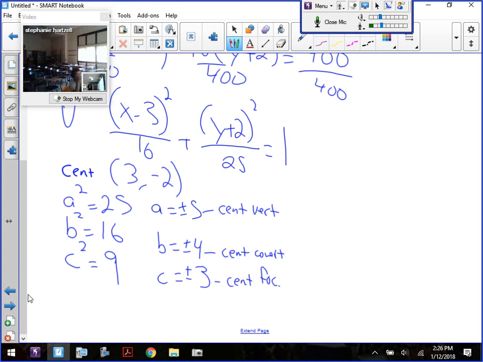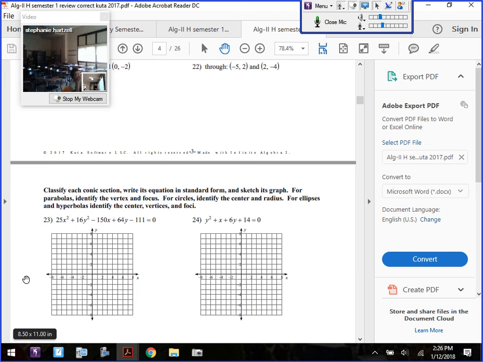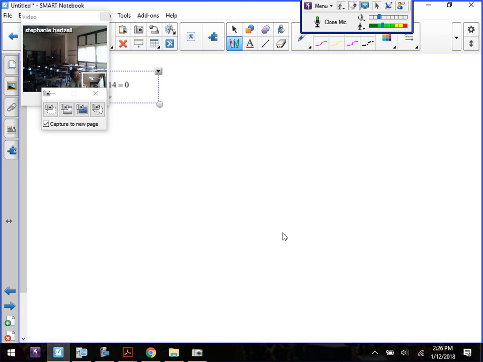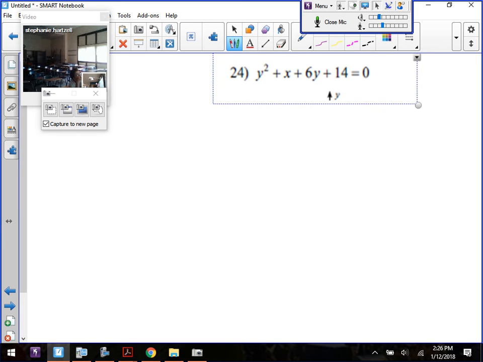I think the next one is a y squared only. On the sheet, I think that's going to be just our straight parabola, if I'm not mistaken. Yeah. 24 is giving me a y squared parabola. Everybody see that? So I know that this has to be a y squared parabola. So when I look at my calculator, I look at the equation in generic form for a parabola, I'm going to get this quantity y minus k squared equals 4p x minus h.